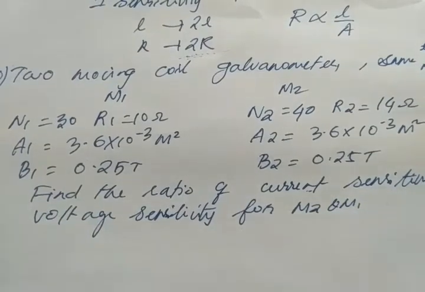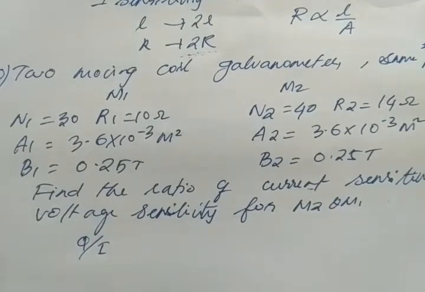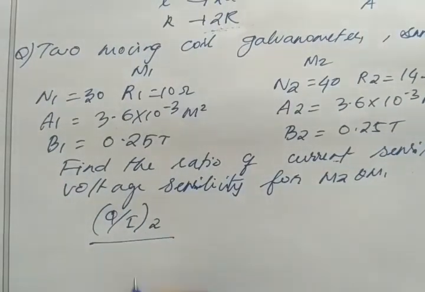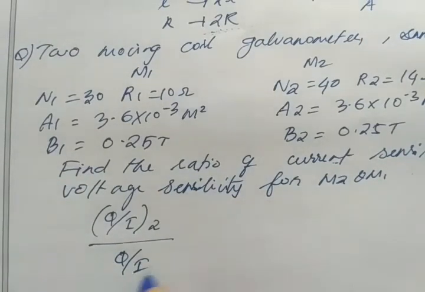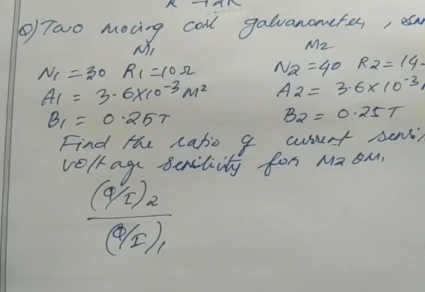So what is the formula for current sensitivity? Phi by I, right? We have to find the ratio from 2 to 1. So phi by I of the second galvanometer over phi by I of the first galvanometer. This is the current sensitivity ratio. What is the formula for phi by I?